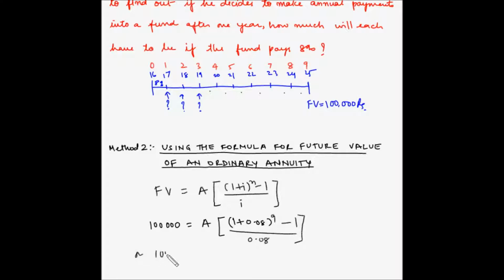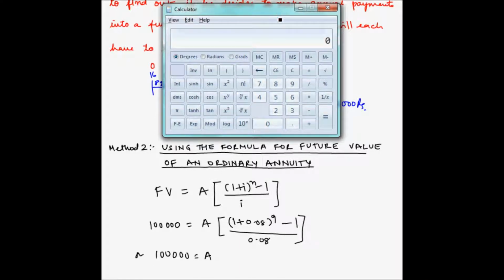or 100,000 is equal to A into, so let's calculate this bracket value. So 1.08 to the power 9 minus 1 divided by 0.08 is equal to 12.48755.